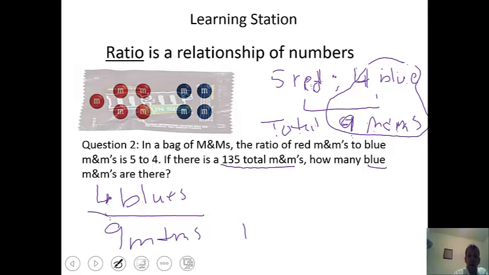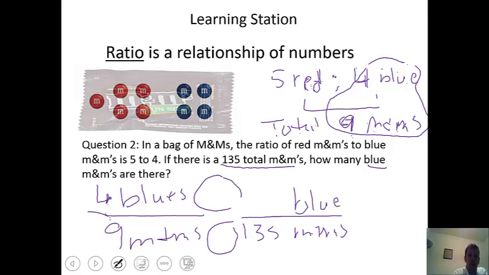9 M&Ms. And they want 135 as the total M&Ms. And we want to know how many blues are there. Okay? Alright, well I need to know the relationships that are between them so that I can find the actual amount of blues. Alright, so let's get busy.